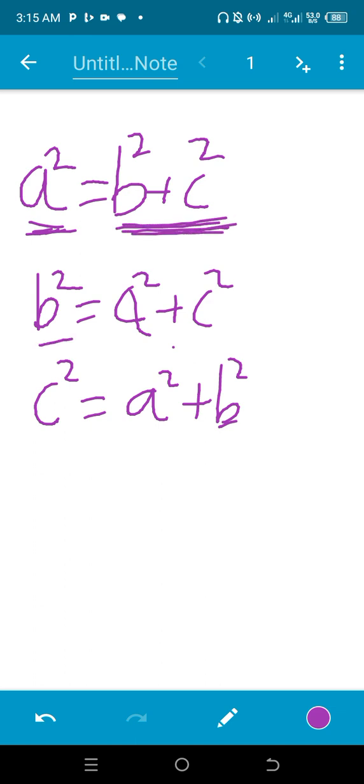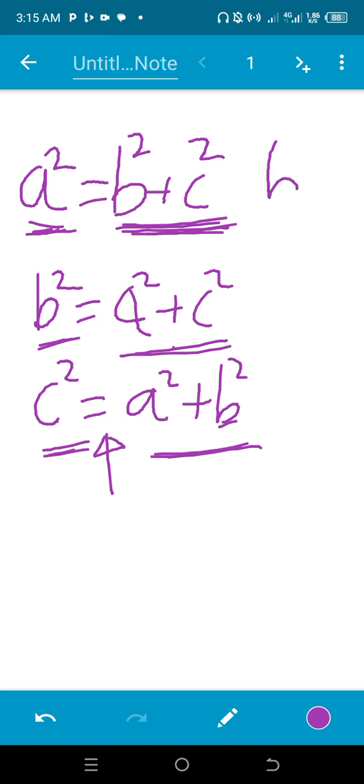Start with b squared, and with c squared, the same way. Don't forget your equals symbol. After that, you take b and c for the second time. Take a and c for the second time. Then take a and b for the second time.